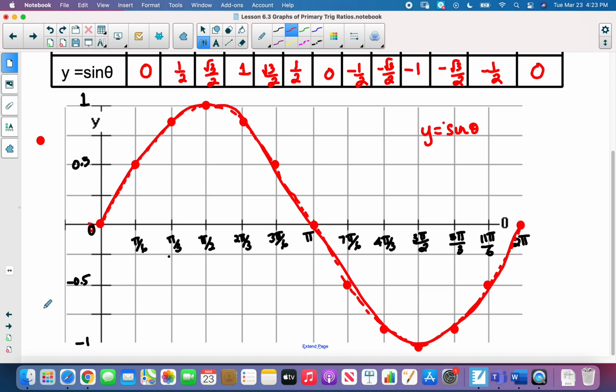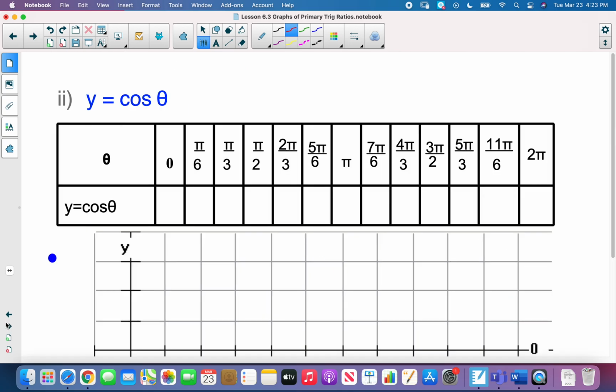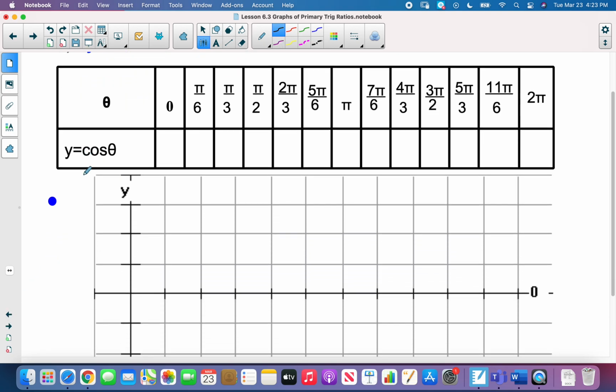Okay, we're going to continue graphing. So on another graph paper, we're going to do y equals cos theta. Cos 0 is 1. Cos 30 is √3 over 2. Cos 60 is half. Cos 90 is 0.